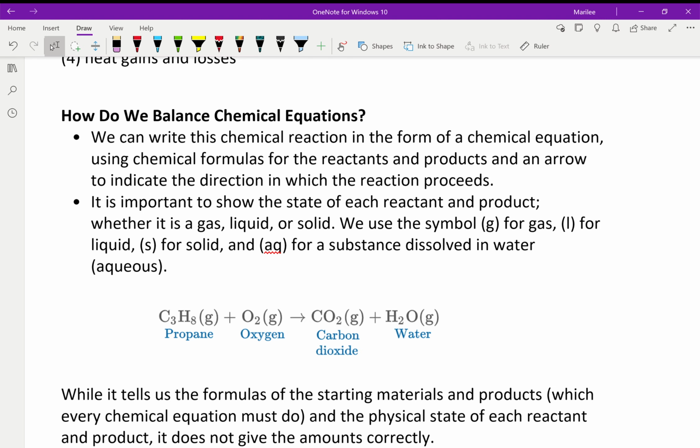Here we have an example, propane and oxygen forming carbon dioxide and water. So you guys see how we have the G for gas, right? And then we have our arrow indicating which way the reaction will go.